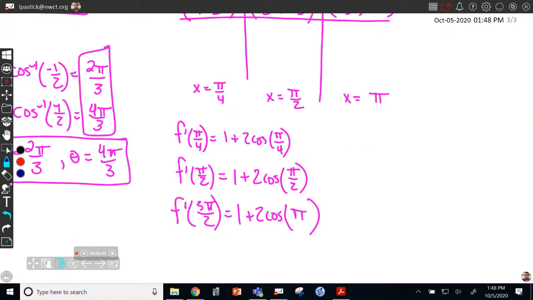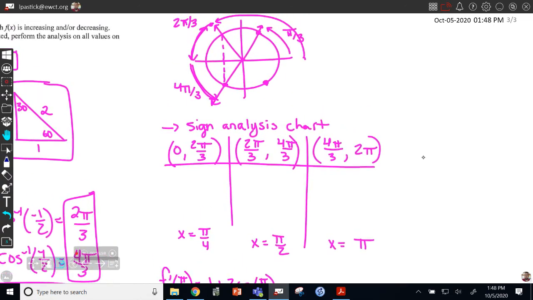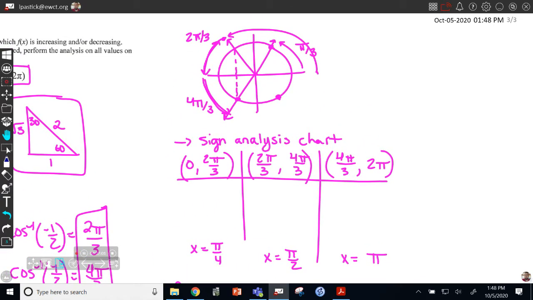Okay, so I've gone ahead and set up the derivative 3 different times with 3 different values. But before I keep going, I want you to realize that I made a mistake here. When I had x equals 3 pi over 2, that was not correct, and I needed to change that to pi, and I'll show you why. The values that I pick have to be between these 2 values.